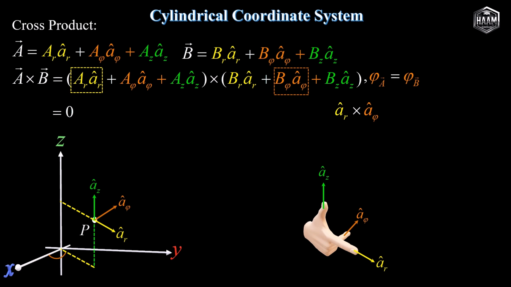Consequently, this cross product equals unit vector A hat sub z, yielding the term A sub r B sub phi unit vector A hat sub z.